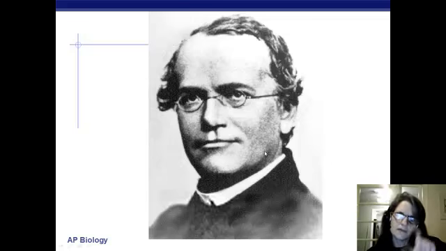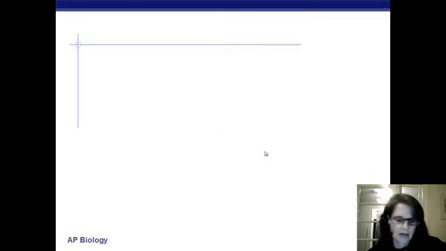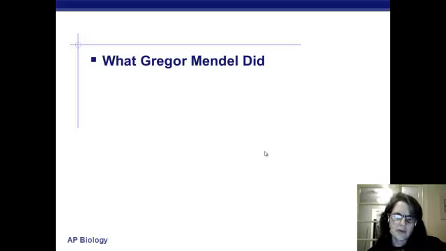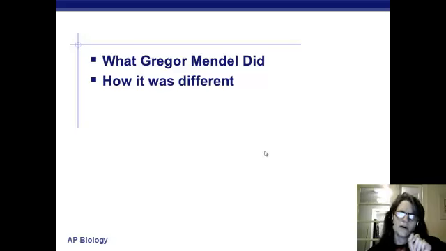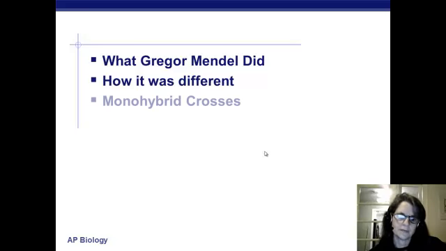What I want you to take away from this podcast are these main topics. First, we want to know what this man did, and we particularly want to know how it was different from what other people were doing at the time when he was doing his work.